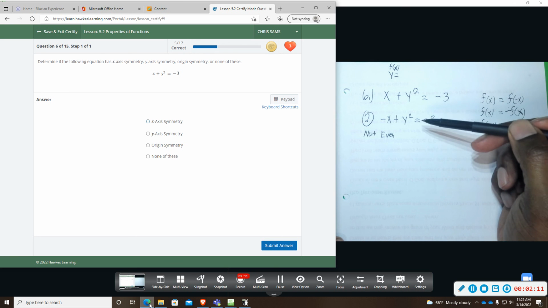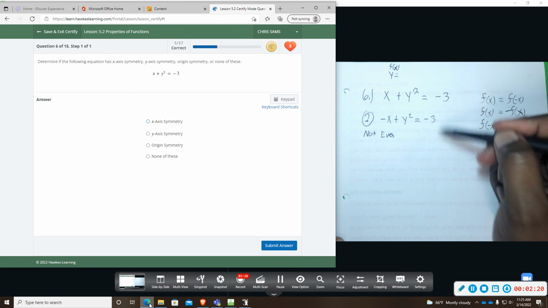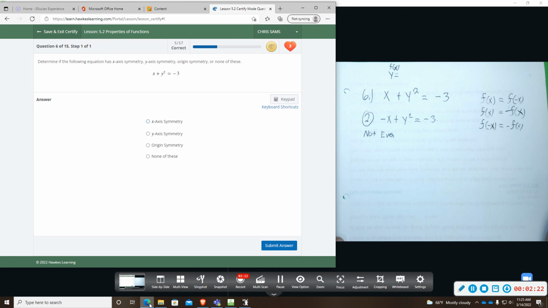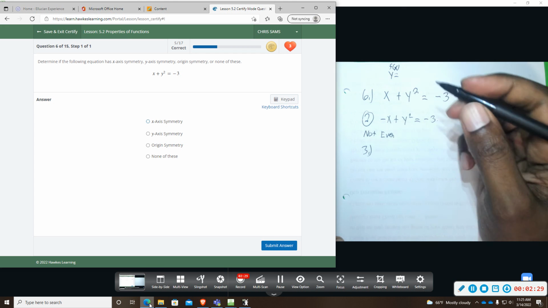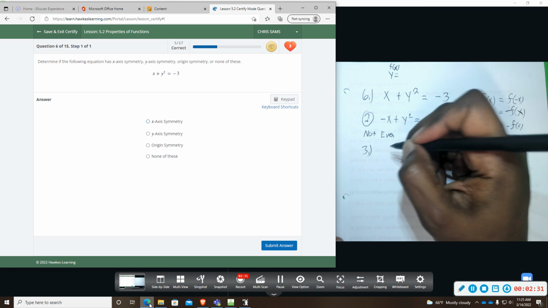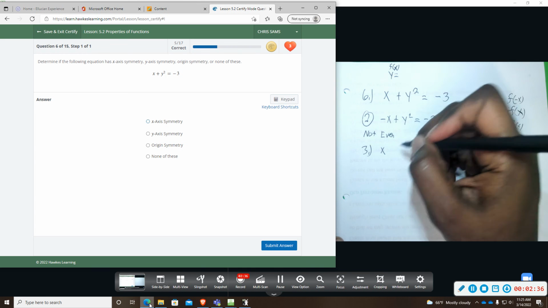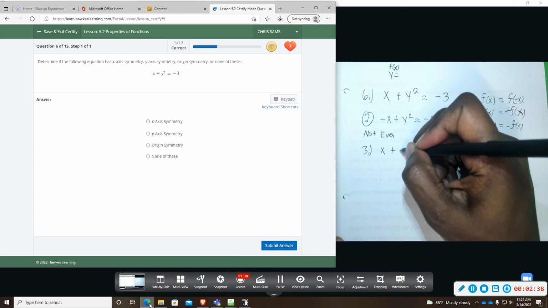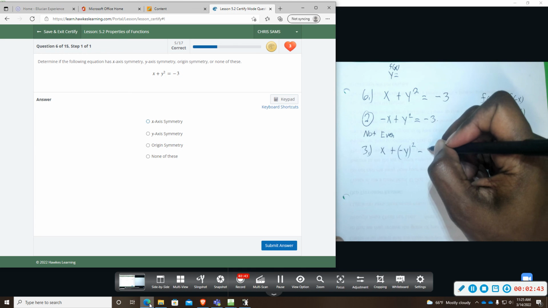Now I'm going to do the same thing and make y negative to figure out this one. And then I'm going to make them both negative. We'll just compare these two to each other. If I make y negative, that would give me an x, and I'm just going to make y negative plus negative y squared minus 3.